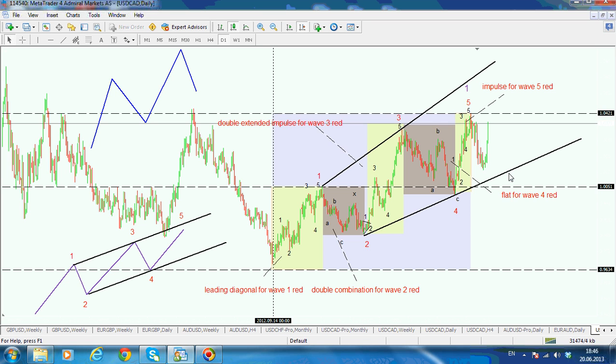So let's say that we have a wave A to the downside already completed, looking for a B wave as part of a flat, and then a C wave. But in a flat, the C wave always has a 5-wave structure, more likely an impulsive move to the downside in the form of 5 waves.